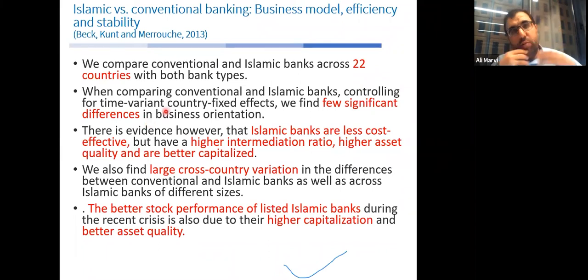The main finding of their study is that there is not a significant difference between Islamic and conventional banks in terms of business orientation, but there is evidence that Islamic banks are less cost-effective, but have a higher intermediation ratio, higher asset quality, and are better capitalized.